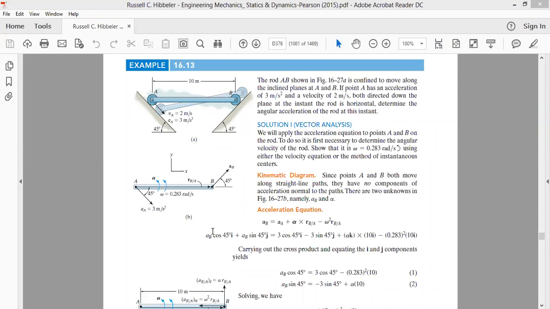Yesterday we started the acceleration analysis of mechanisms, and the formula we derived yesterday is for the acceleration relation between two points of a rigid body. The formula that we have in hand now is for any two points P and Q of a rigid body.